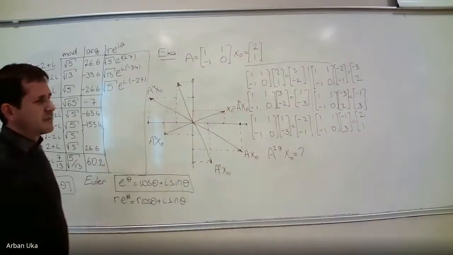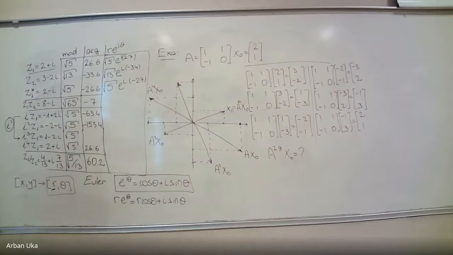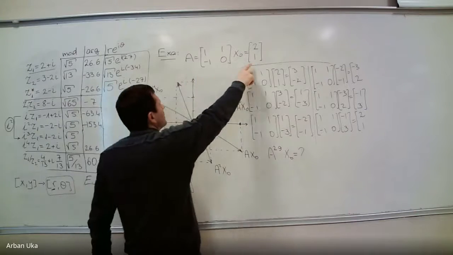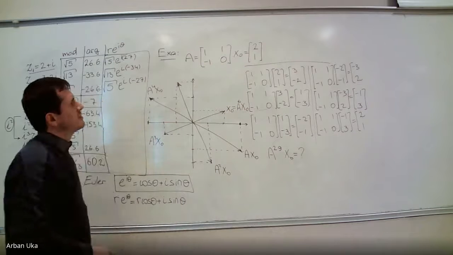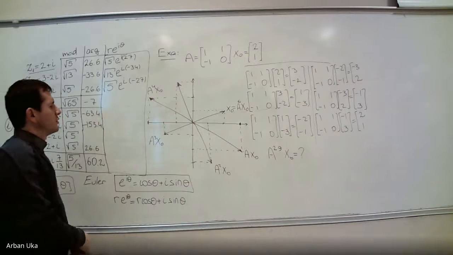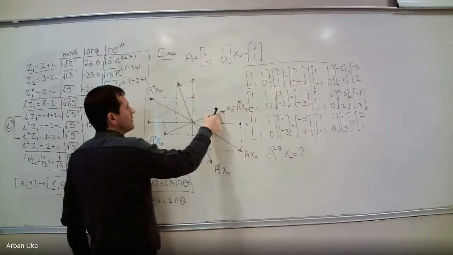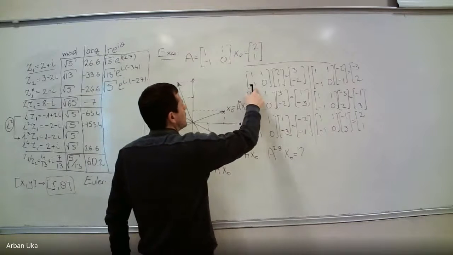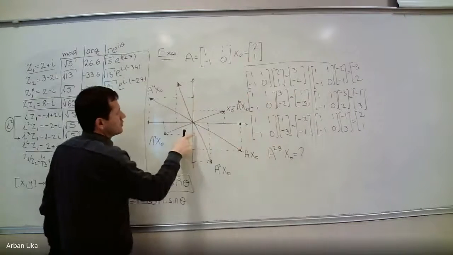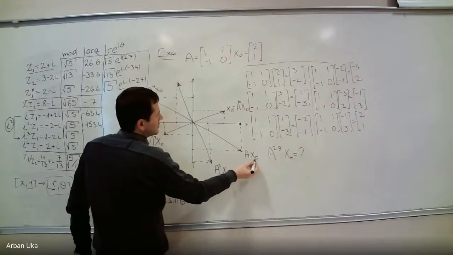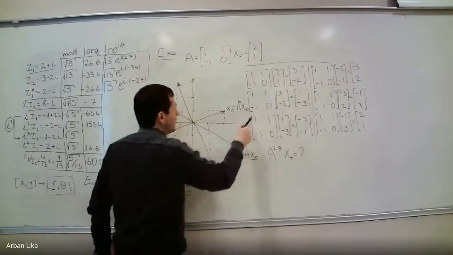Okay, so let me explain what we did here, Shachet. We started with the matrix A, which is given here, and an initial vector x0, which is 2, 1. We multiply the 2, 1 with this matrix and we get 3, minus 2. So A times x0 is this 3, minus 2.